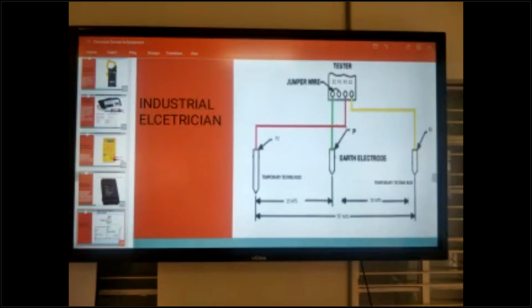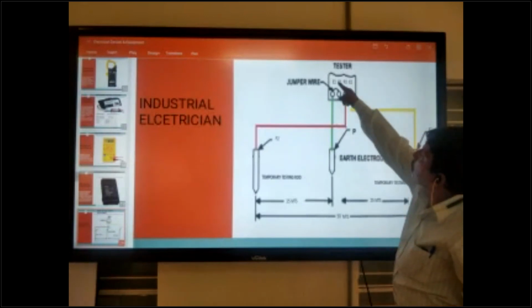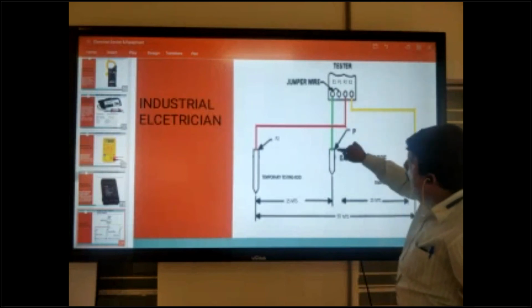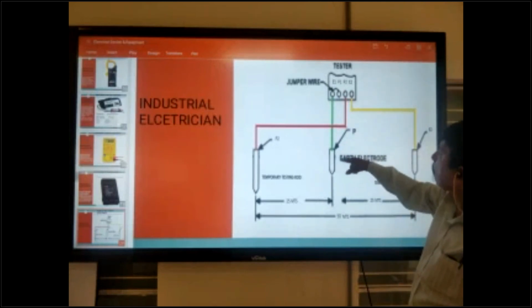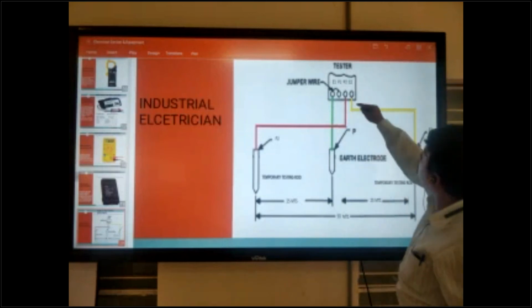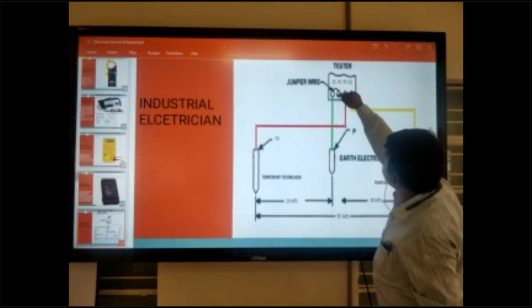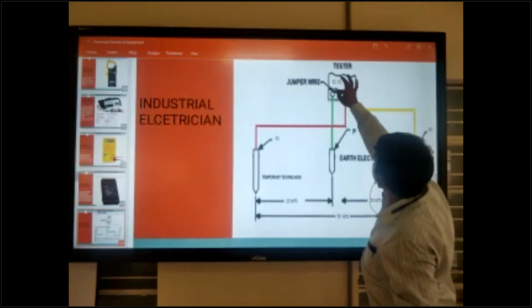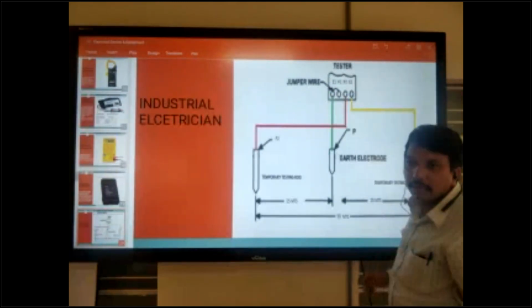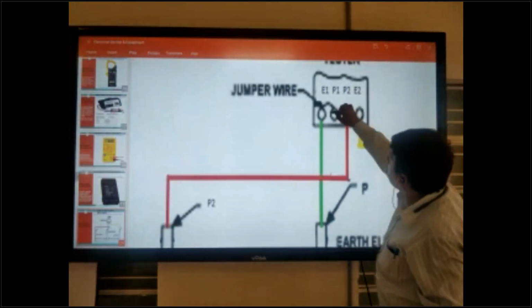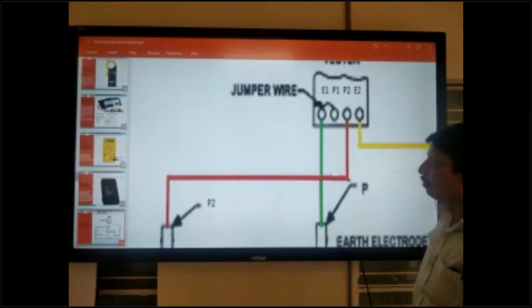So this earth resistance tester has 4 terminals. The main permanent rod always goes to E1 or P1, either one, because this is already a loop. If you put it here, no problem. If you put it here, either one, no problem. This already has the connection.